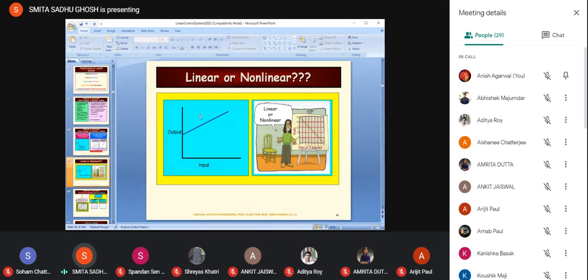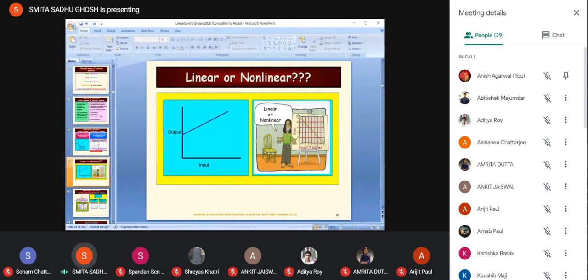So I mean it would suffice to say that in case of a linear characteristic, the characteristic should not only be a straight line but also pass through the origin. Otherwise, your principles of superposition and homogeneity would not be holding. Similarly, the one on the right hand side as well.